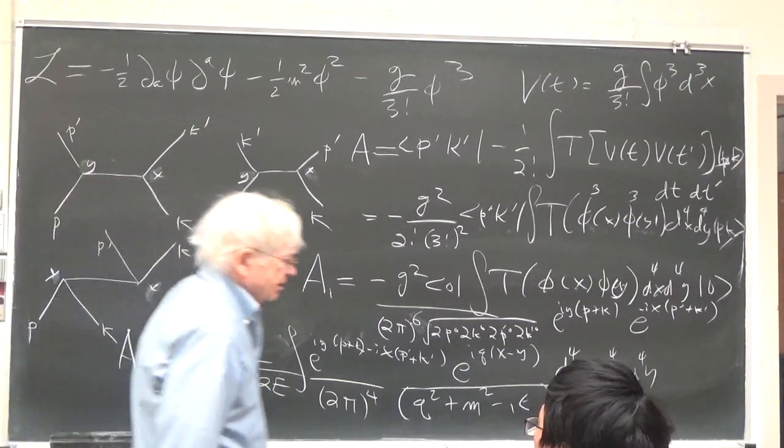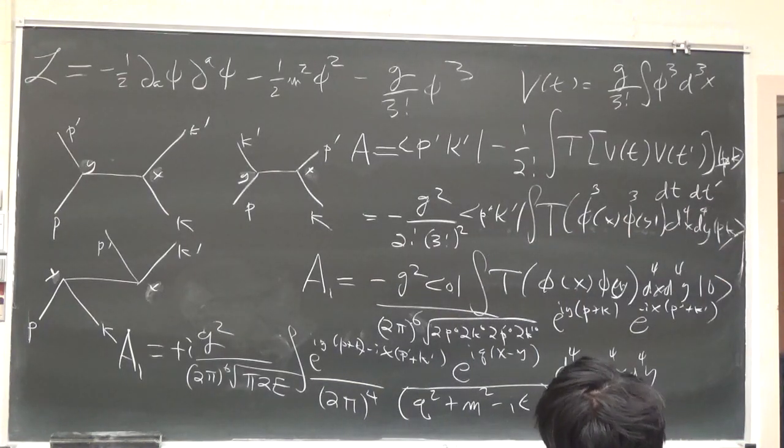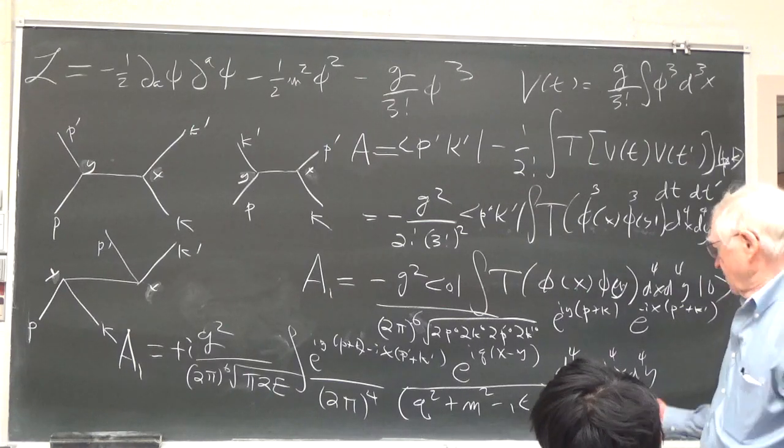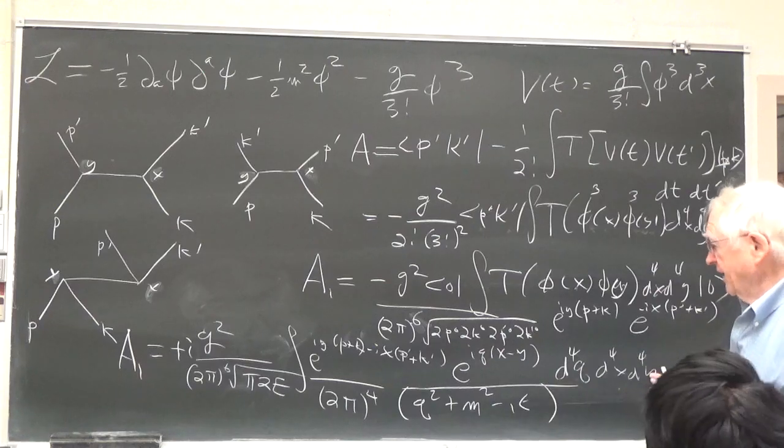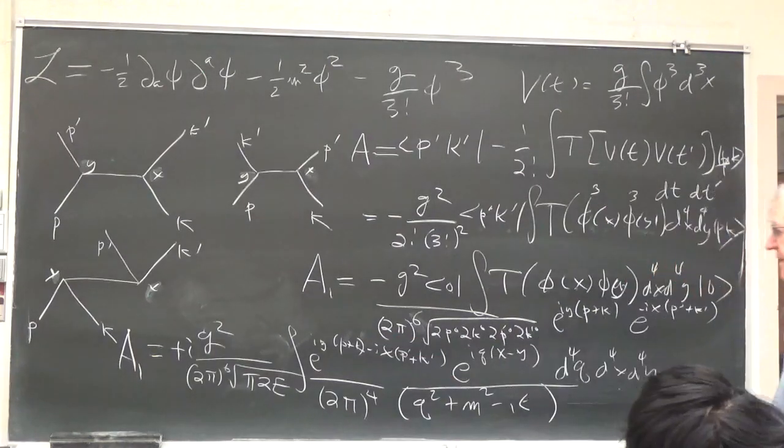Now, when you first see some crazy 12-dimensional integral like that, you might be frightened, but in fact Dirac comes to the rescue, because the d4th x and d4th y integrations only involve variables in the exponential, so that gives you two delta functions.